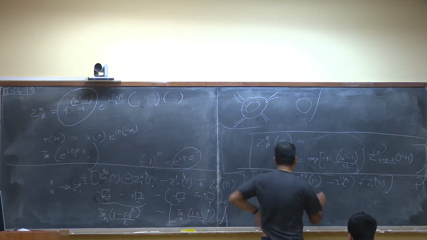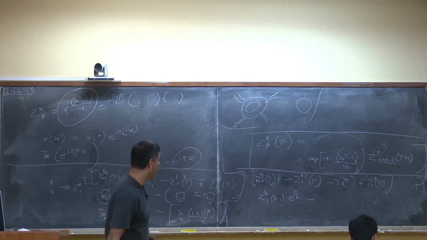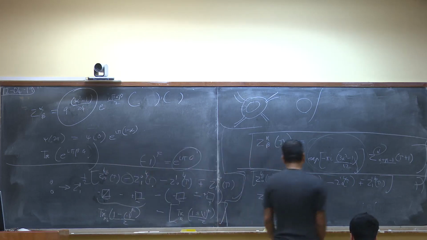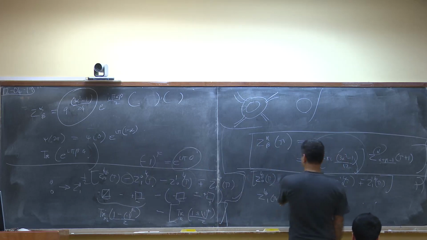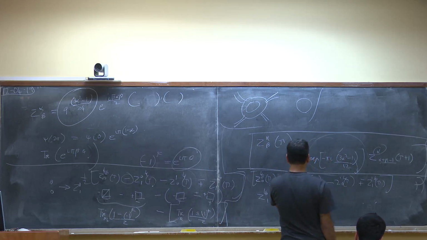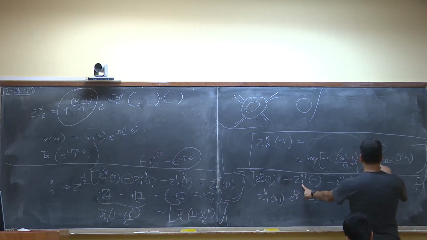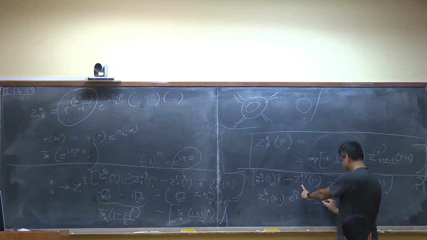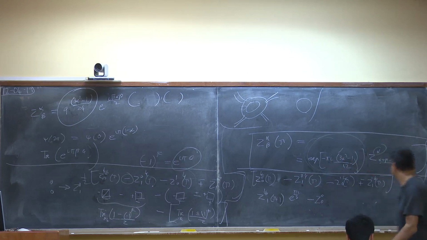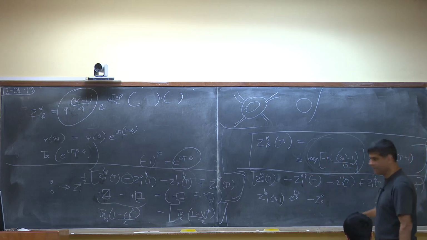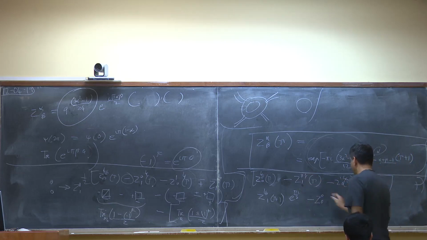Now minus. What happens here? Well, let's see. This guy doesn't change. What happens to the 1? Well, we get 1 plus 0 minus 1, so we get 0. Right? 1 plus 0 minus 1, tau plus 1.